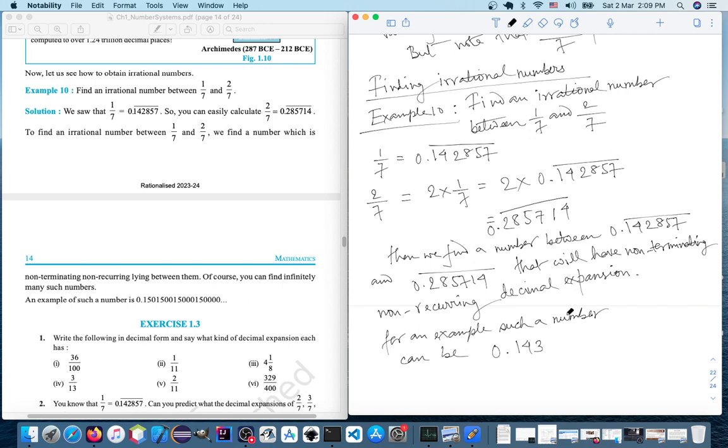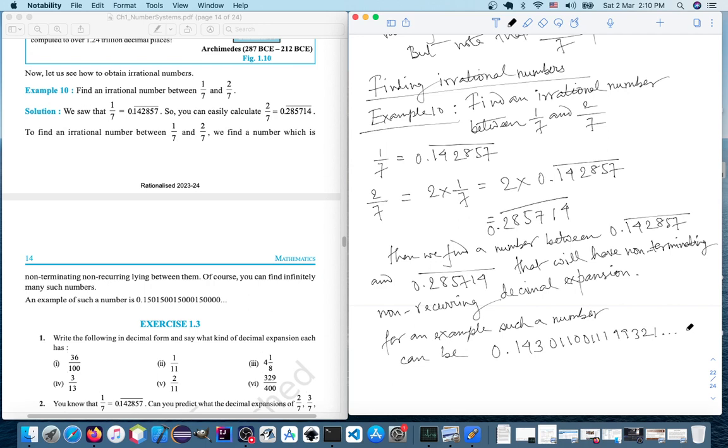Anything, you can say 1, 5 also, that will also do. So 0.143, and randomly you take any number of digits, 0, 1, 1, that has no repetition whatsoever, like this. This is an example number that lies between the rational numbers 1 by 7 and 2 by 7.